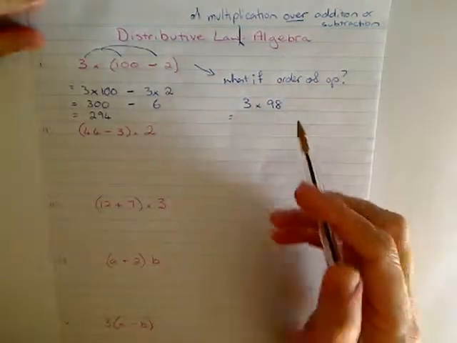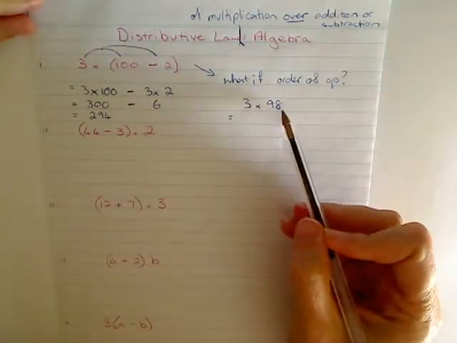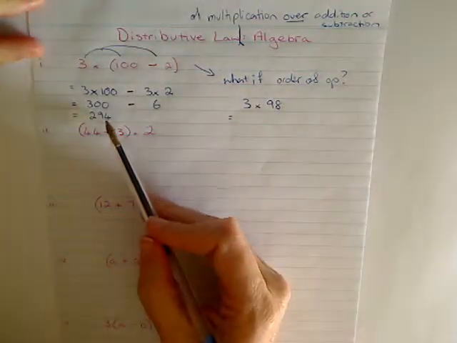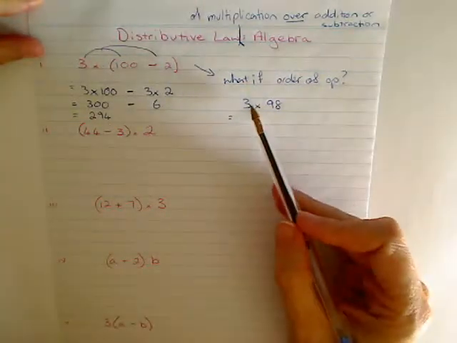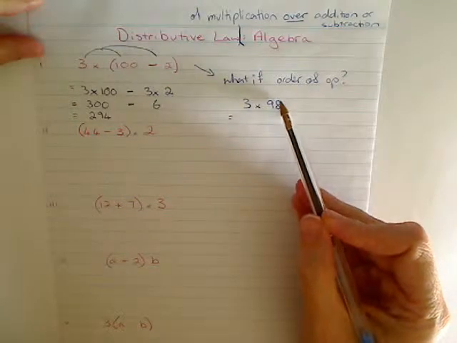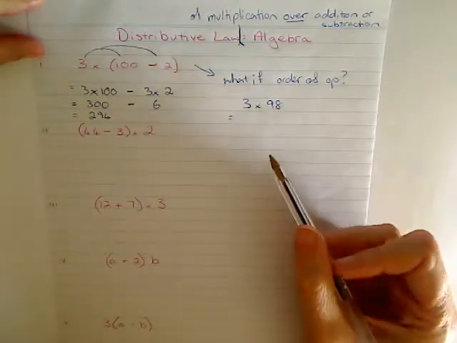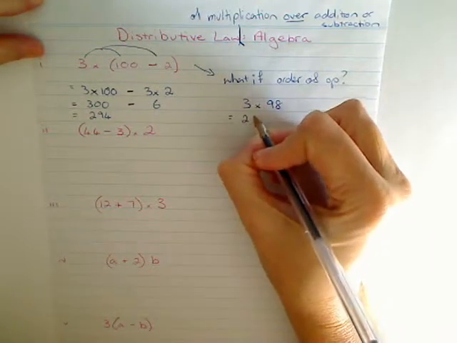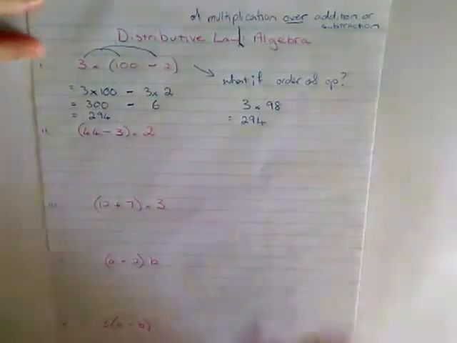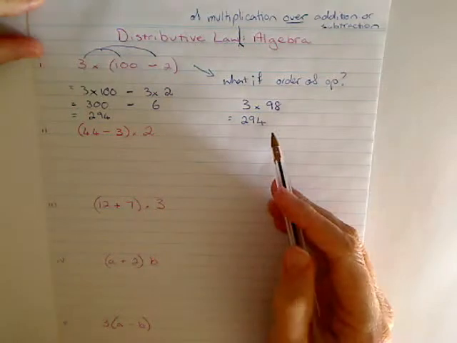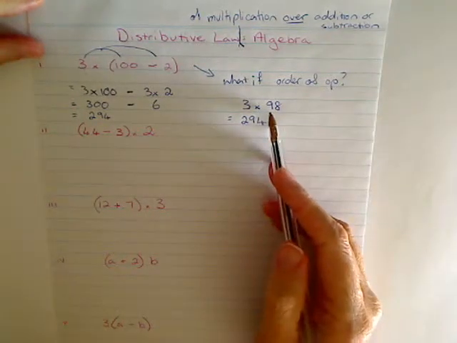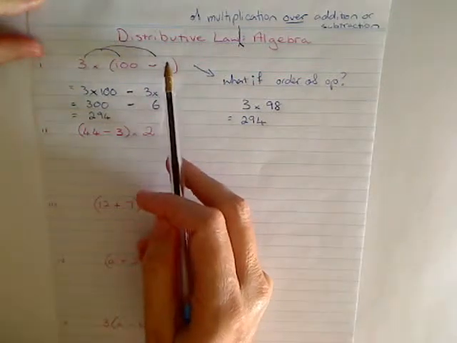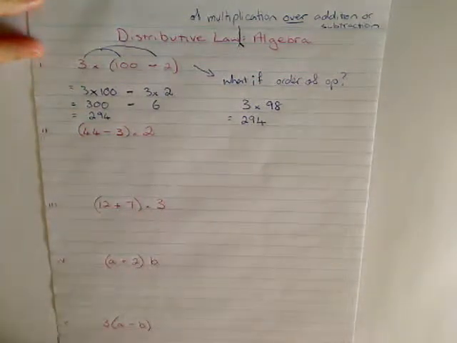Then I get to the point where I'm going to have to triple 98. That's very difficult to do in my head. I'm going to be sneaky, I know where we end up. It's going to be 3 by 100, and then I'm going to have to take off a few 2's because I was only multiplying by 98. So some kind of mental calculation needs to get you to 294. But that's a bit awkward. Those numbers are not easy. Sometimes it's easier to multiply over the top first and then do your calculation.